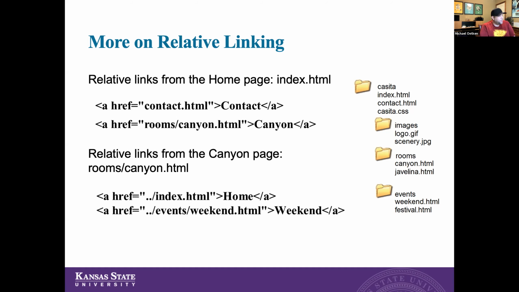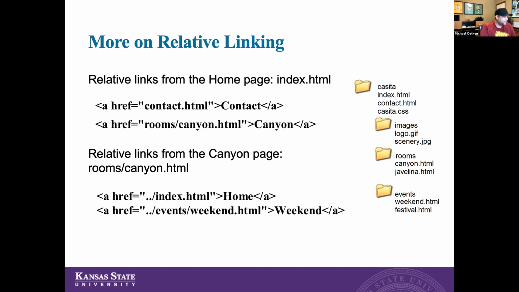Now imagine we're coding that canyon.html web page, and we need to link back to the home page. That home page is not inside that rooms folder, it's inside that main Casita folder. So we have to kind of backtrack, we have to move back out.